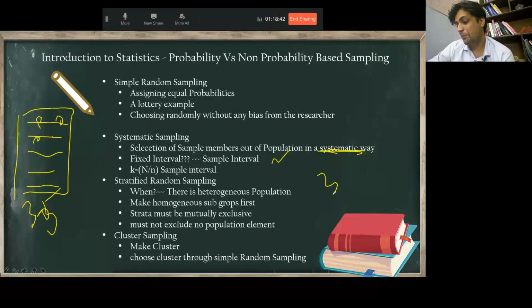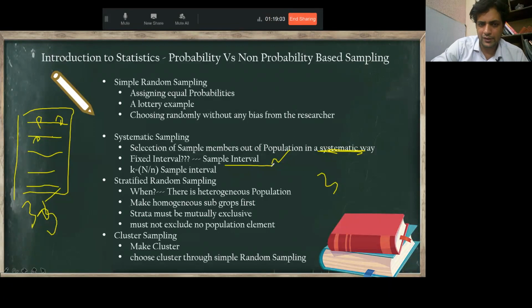That's a fixed periodic interval. This interval, also called the sampling interval, can be calculated by a simple rule. Why the third row? Is it by my preference or is it some formula?